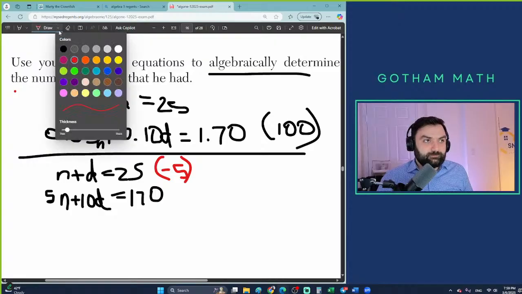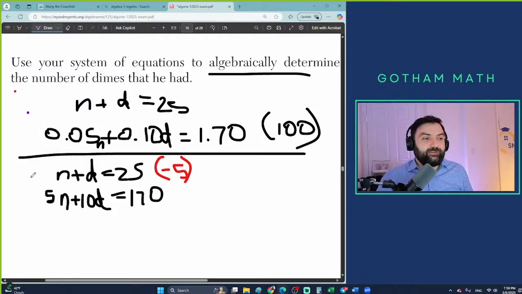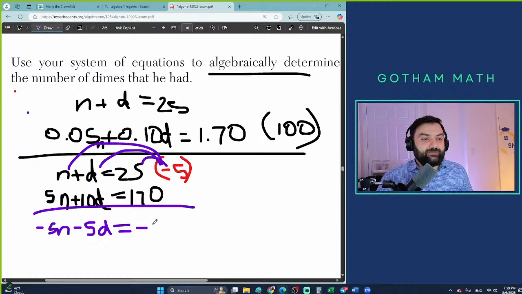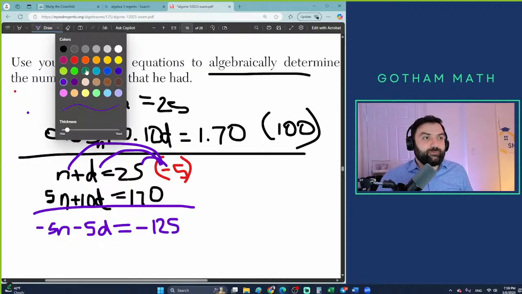Why? So that this n will become -5n. -5n minus 5d equals -125.